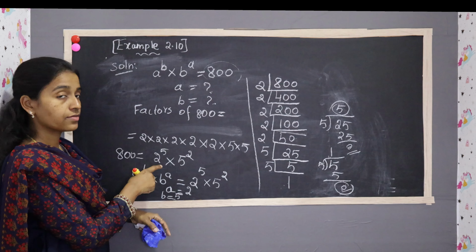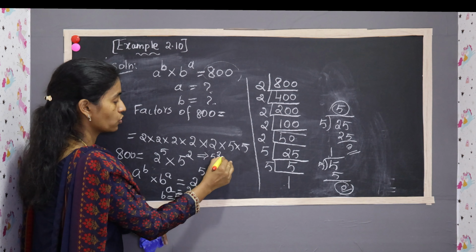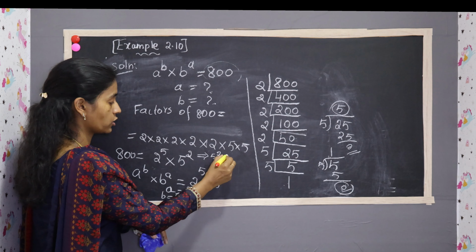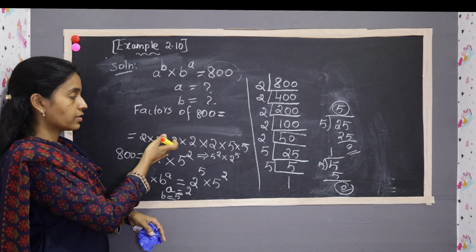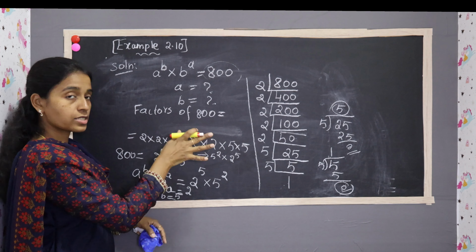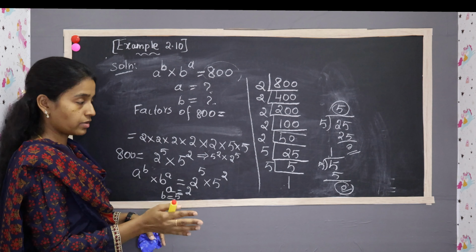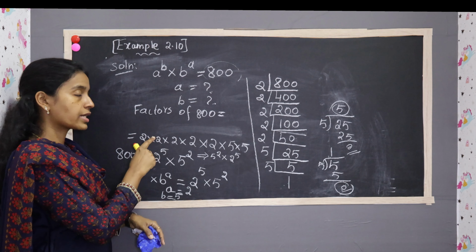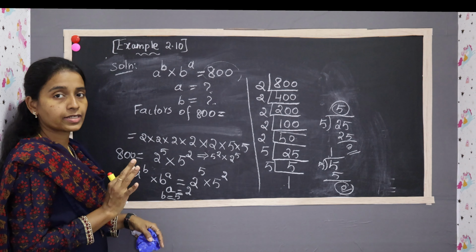And similarly, we can write this step as 5 power 2 into 2 power 5, right? Both are the same. It doesn't matter if you take 5 as the first number and 2 as the second number, or the first number as 2 and the second number as 5, the answer is the same, right?